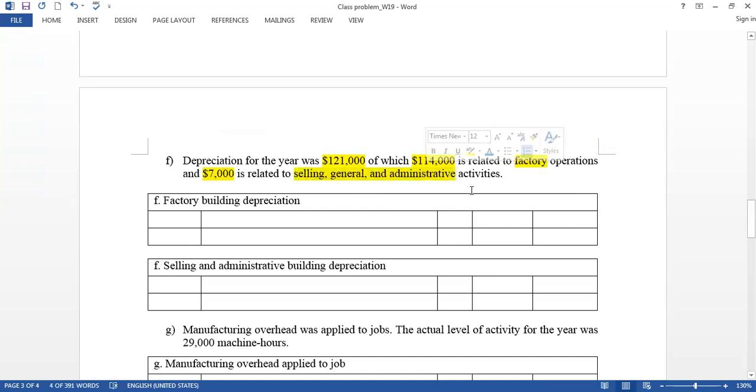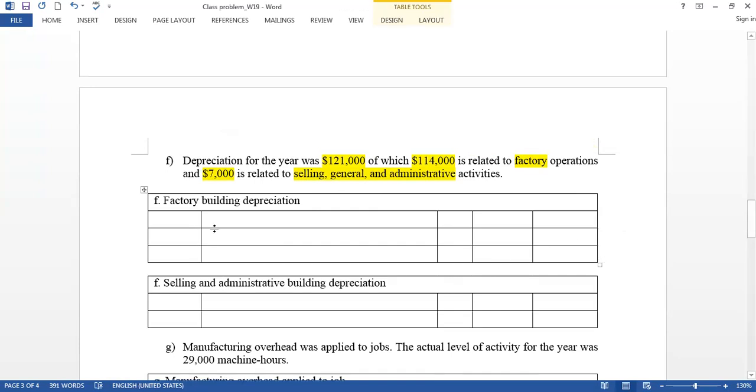Again, if it is factory, it is manufacturing overhead. So the journal here: manufacturing overhead debit $114,000.